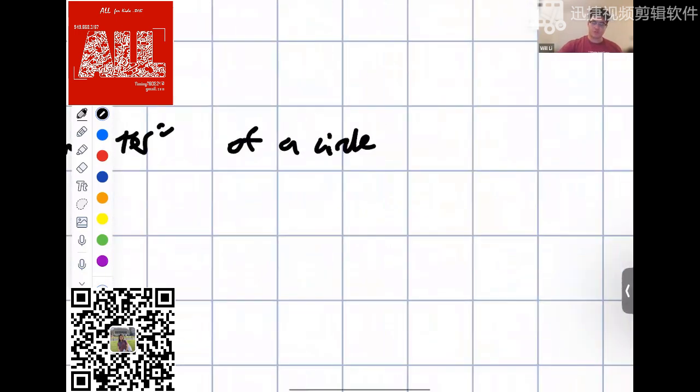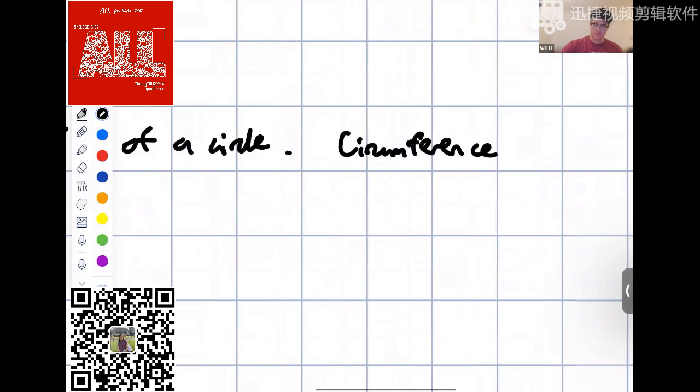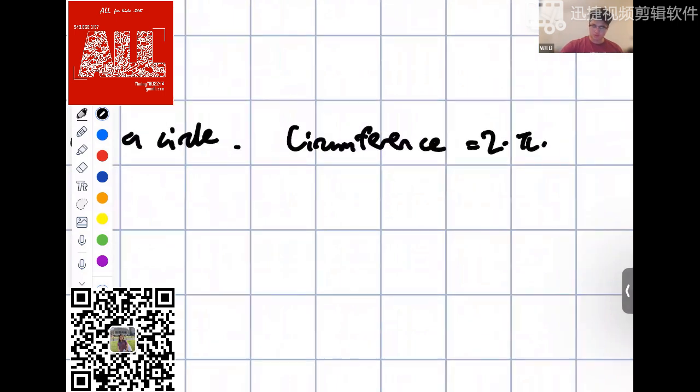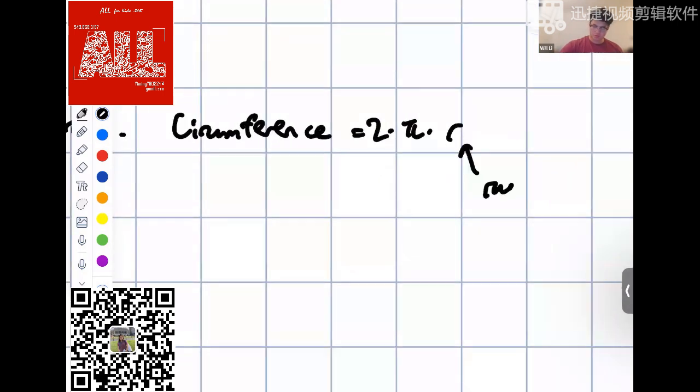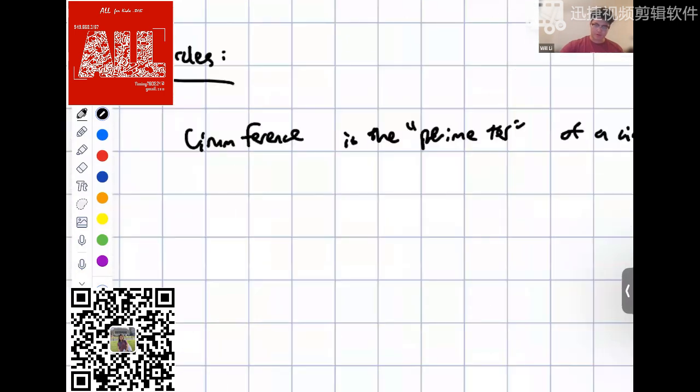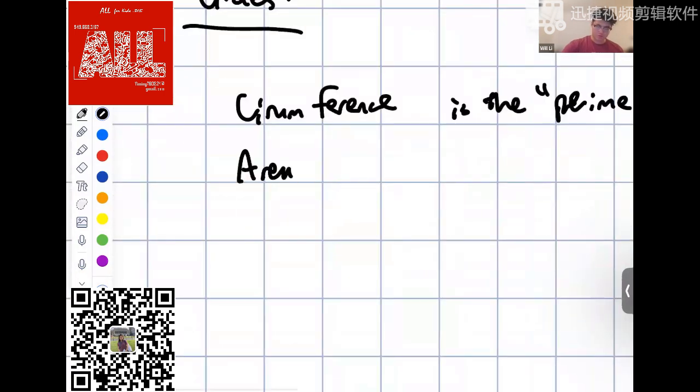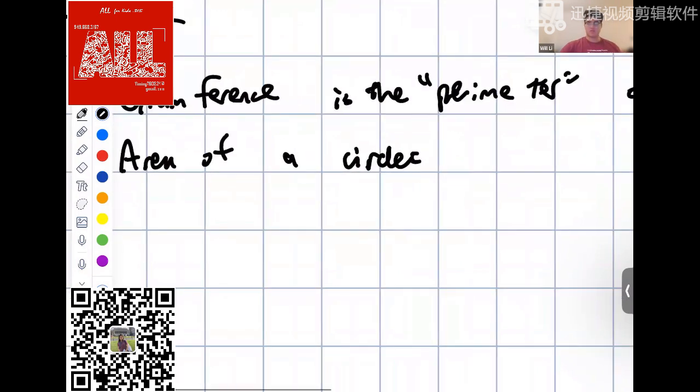Circumference equals 2 times pi, like 3.1415926, times the radius. Meanwhile, the area of a circle is pi times r squared. R is the radius.